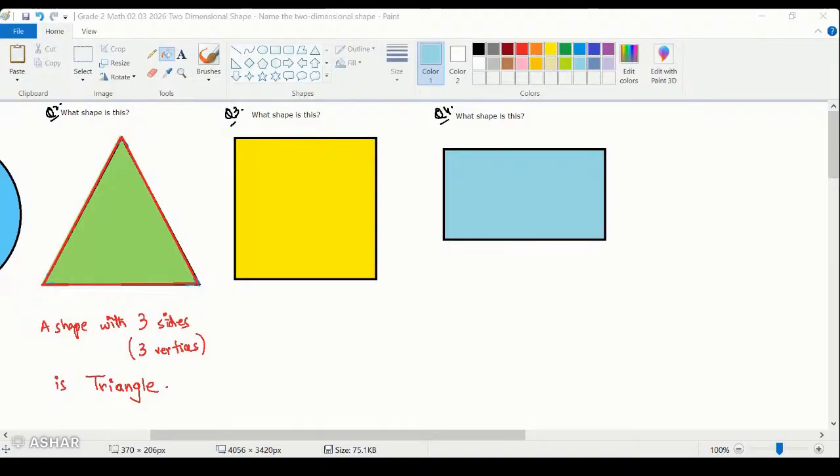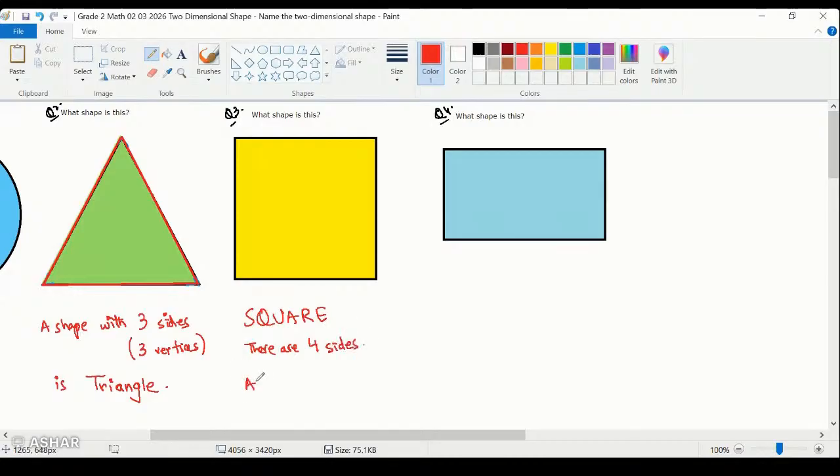Perfect. Why is it a square? This is a square, and we know that in a square there are 4 sides. Agreed?